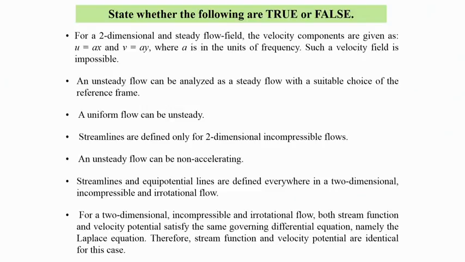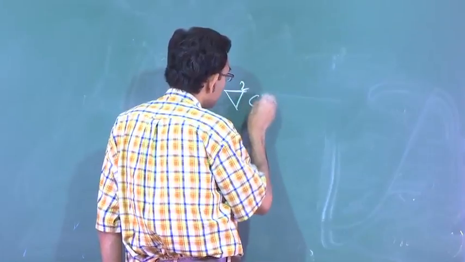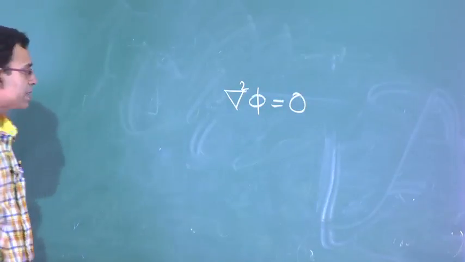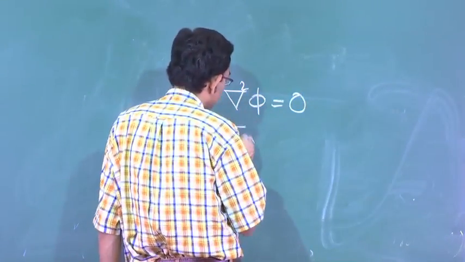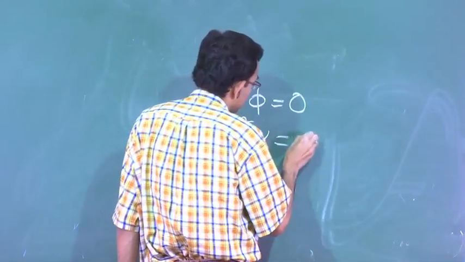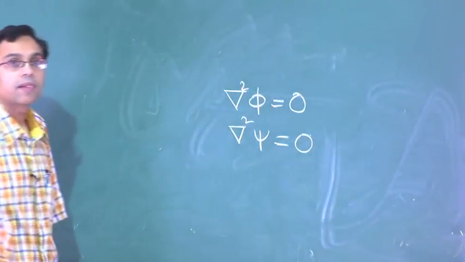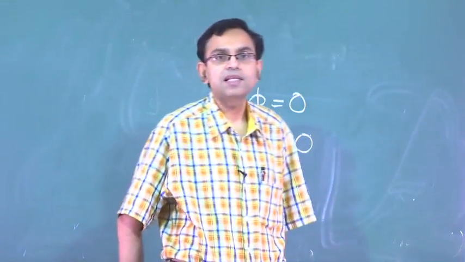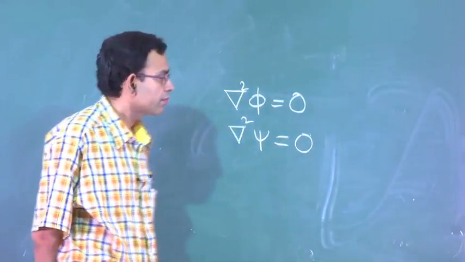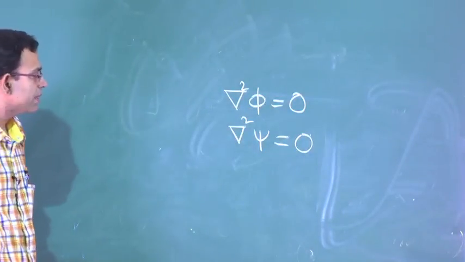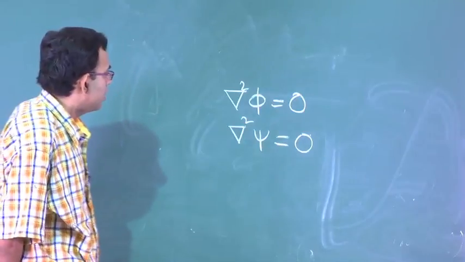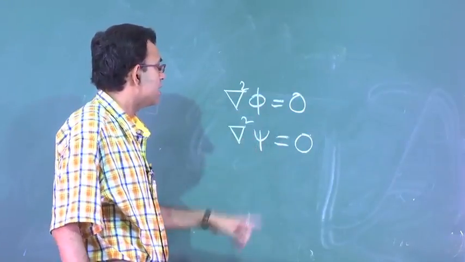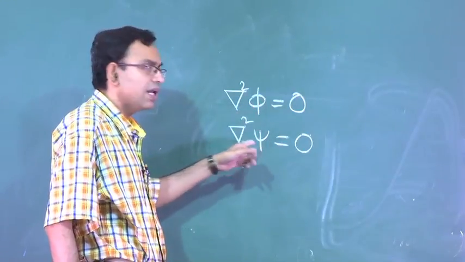So, for two dimensional incompressible and irrotational flow, both stream function and velocity potential satisfy the Laplace equation. This is correct, this is the Laplace equation. The question is that therefore phi and psi are the same. This is the velocity potential and this is the stream function.